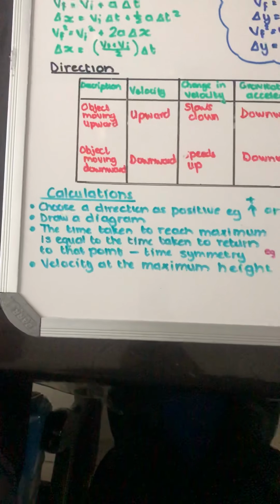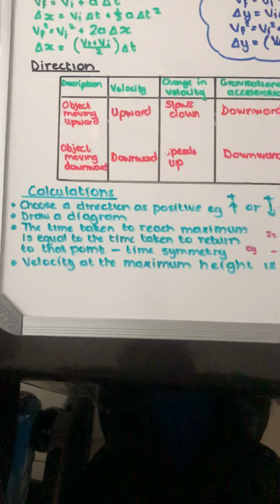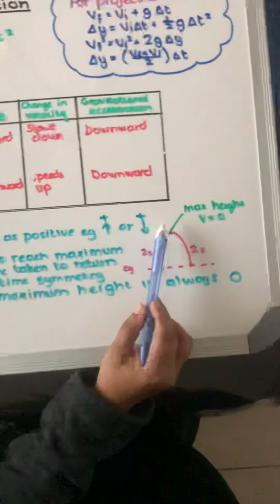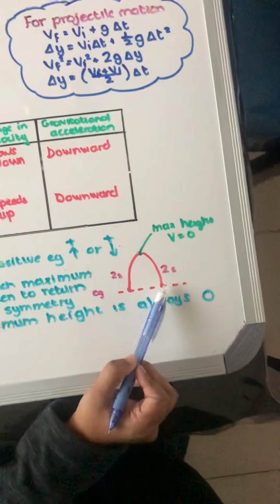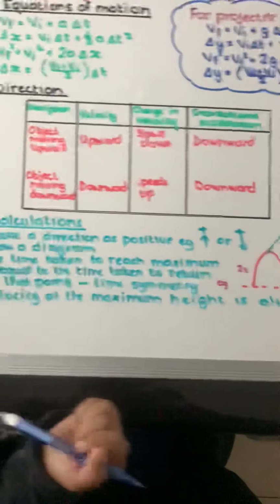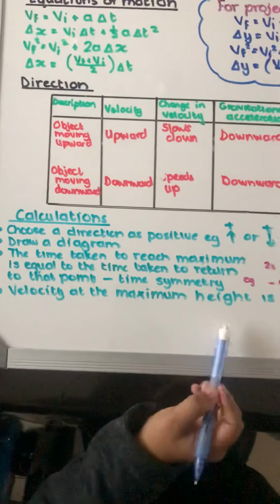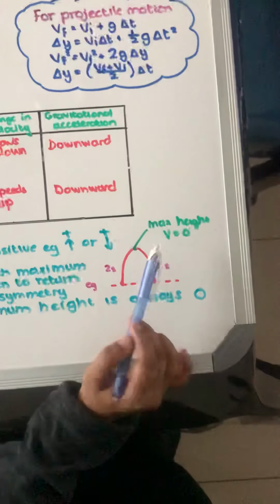For example, when a stone is thrown upward and it is caught, it takes 2 seconds to reach the top, and then when it returns to the thrower's hand, it takes another 2 seconds. This is called time symmetry. And the velocity at the maximum height is always going to be 0, as in the diagram.